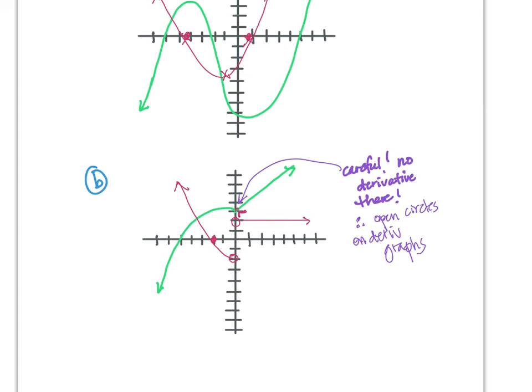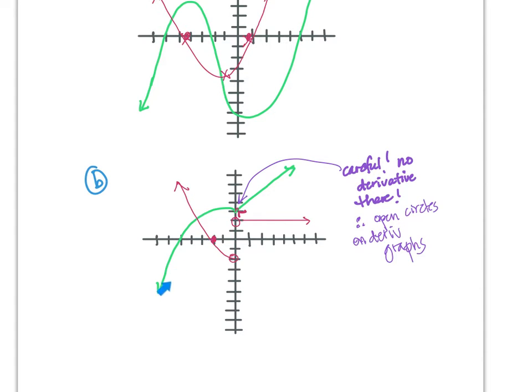The second graph. All right. So we're starting with this green one, and if you recall that that is a cusp, you have to be careful there because we don't have a derivative value, which is why we end up with these open circles on the derivative graph. So if you take a look at this, it is kind of like the shape of a curve, and we could say that the slope is 0 right here, which is going to give us the 0 on the axis.